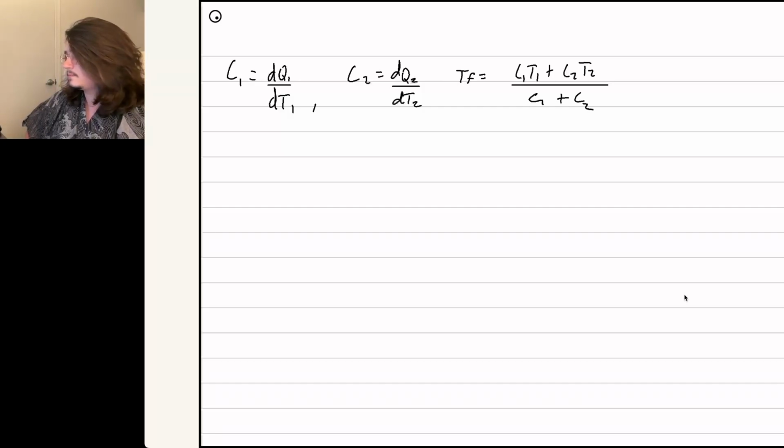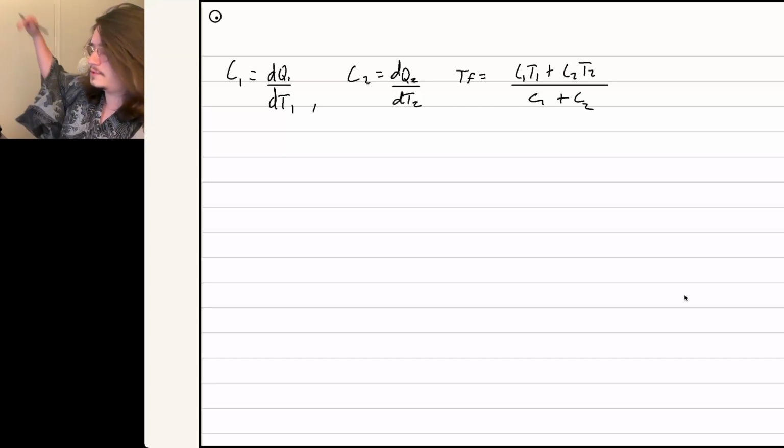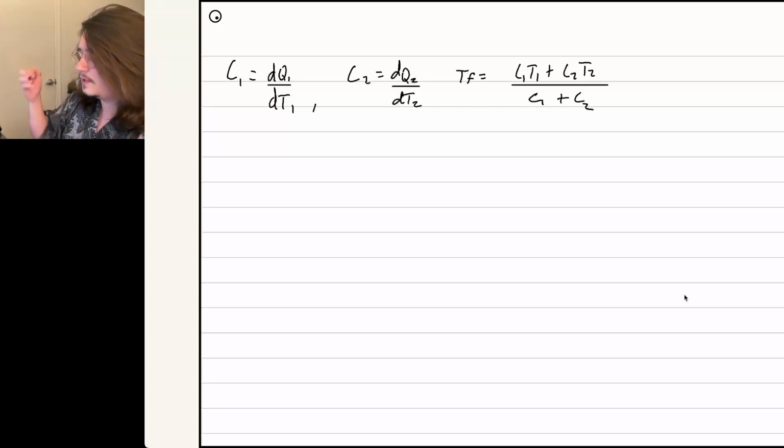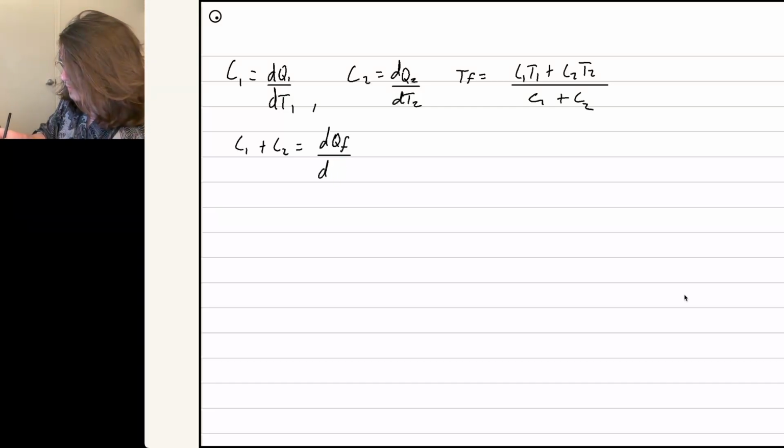To do that, the physics of the problem that you have to notice is that the sum of the heat capacities will be equal to the total heat transfer of the problem, which I'm going to call QF, the derivative of that with respect to the final temperature.